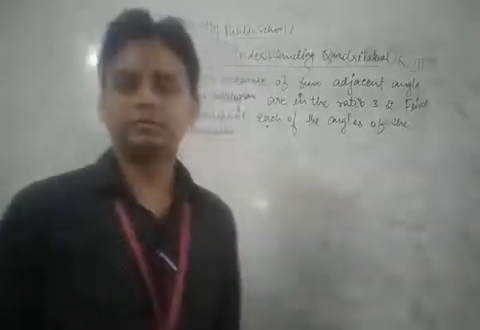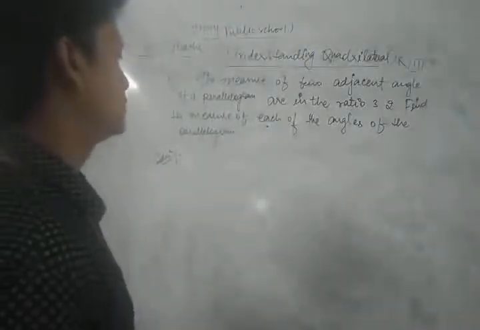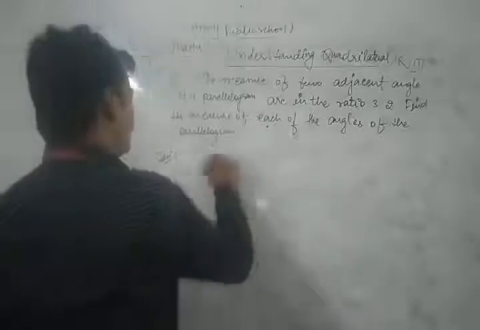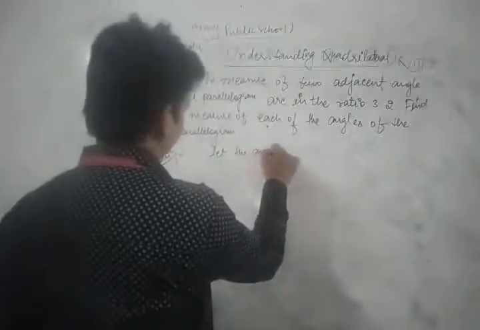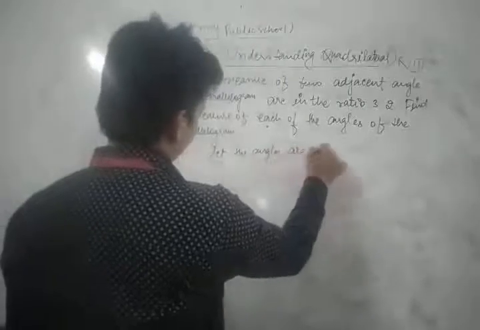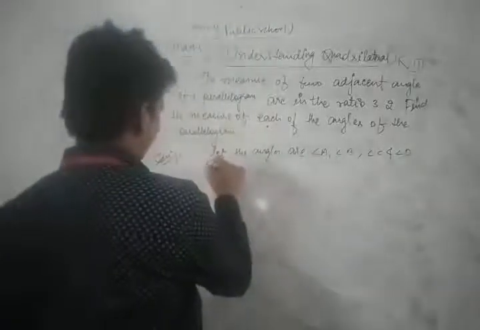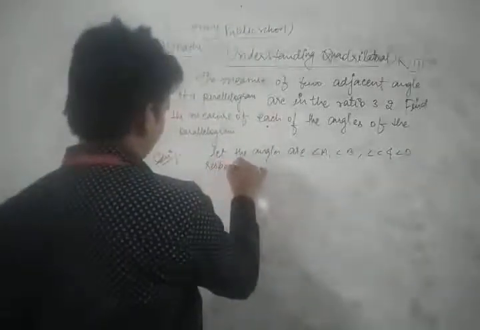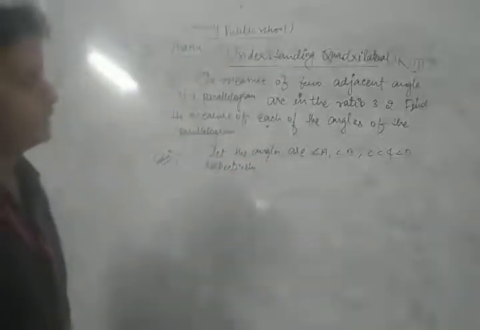Listen, first of all, we know the property of parallelogram here: two adjacent angles of a parallelogram are in the ratio 3:2. Let the angles be A, B, C and D respectively.